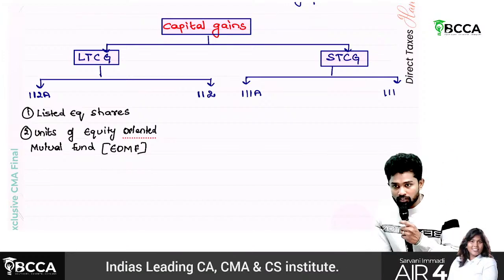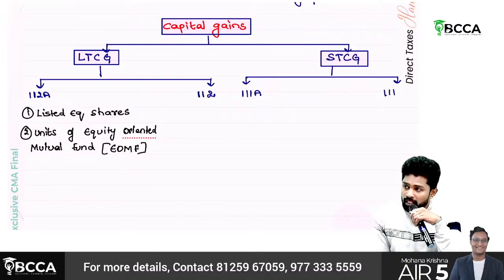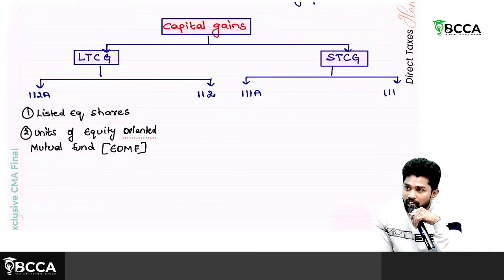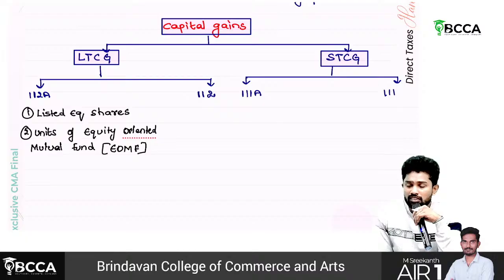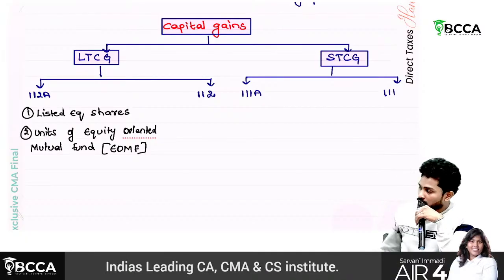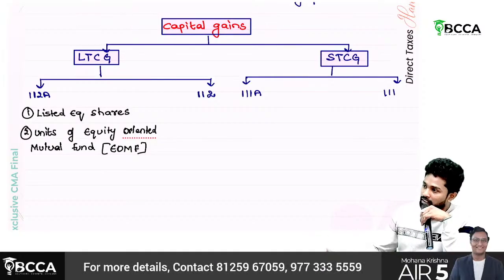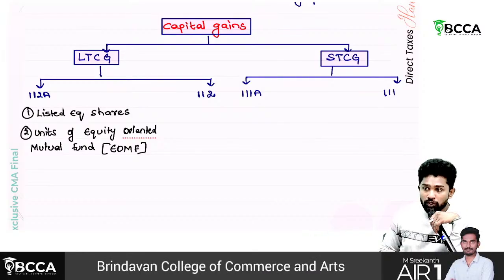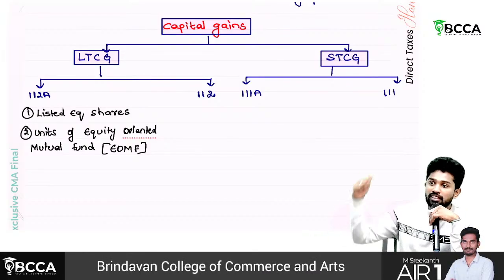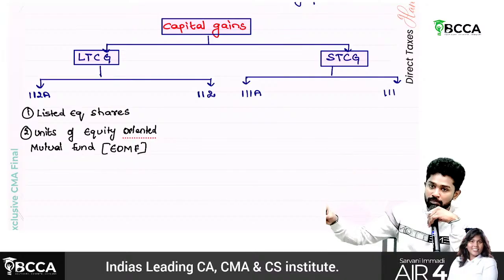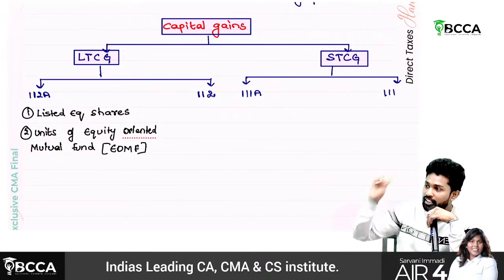Sir, mutual fund means they pool money and invest in other companies. They can invest in debt instruments like debentures. They can invest in equity as well. But when we call it an equity oriented mutual fund, it means more than 65% of their investments are in equity shares only.